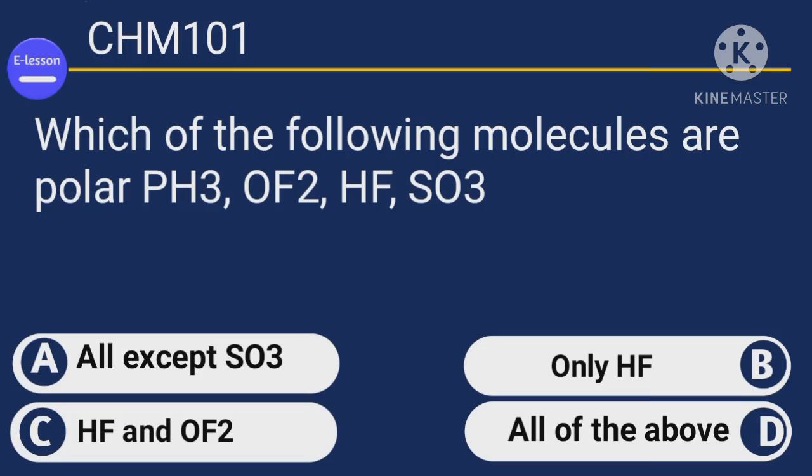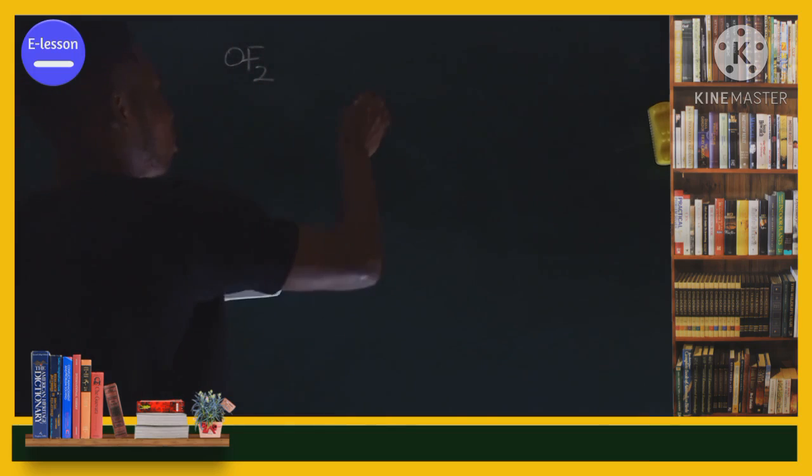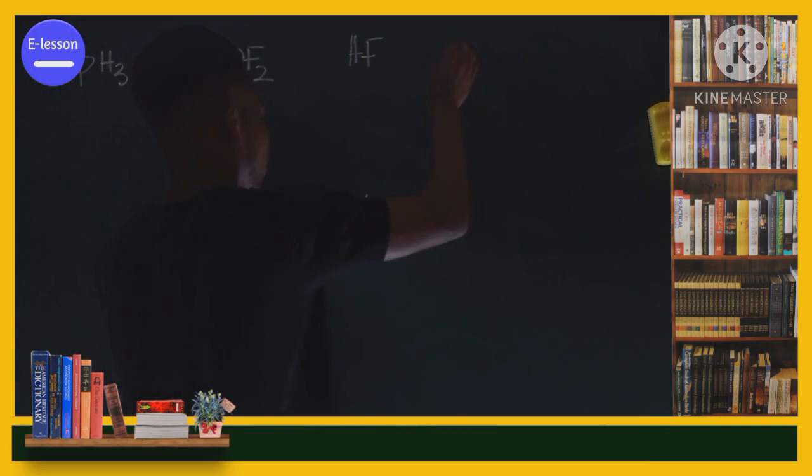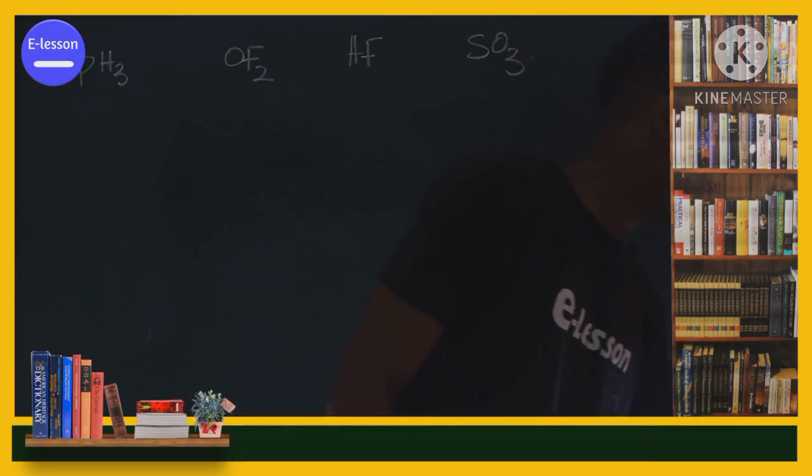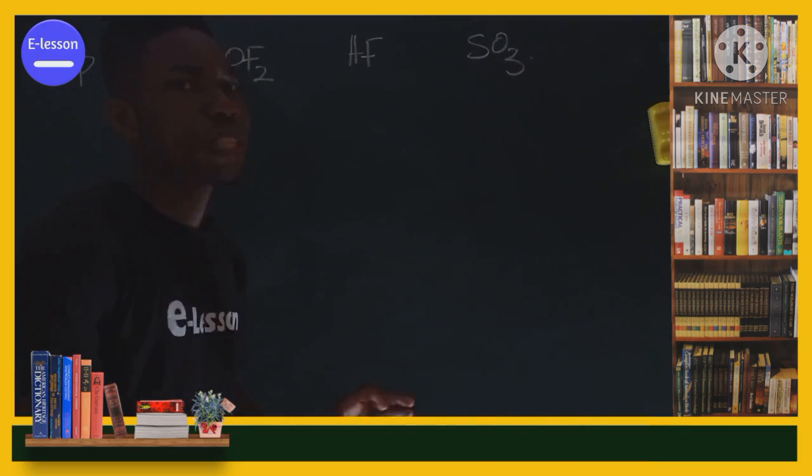Let's draw the molecules. You have PH3, OF2, HF, SO3. Now, these are the molecules that are given to you. Which of them is polar?